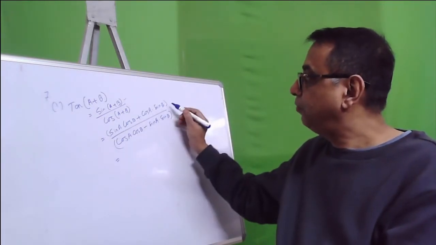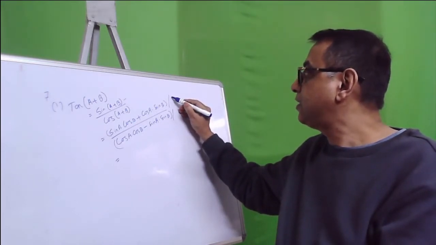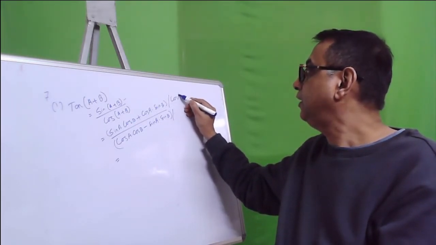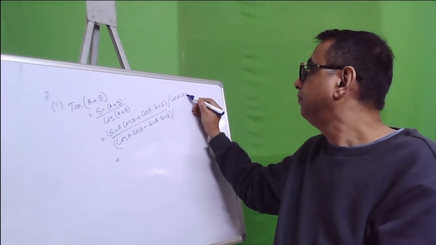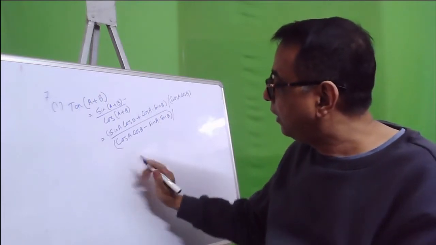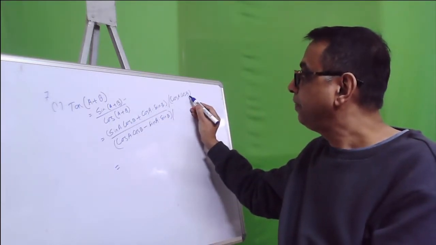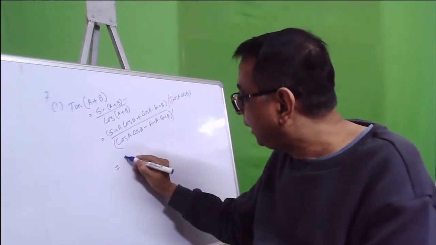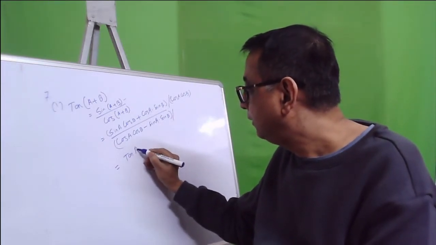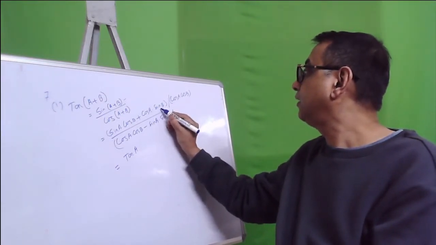Now both this numerator and denominator we will divide by the same quantity, which is cos a into cos b. So we will divide by this. What will happen is that sin a cos b divided by cos a cos b will become tan of a, as cos b will get cancelled.